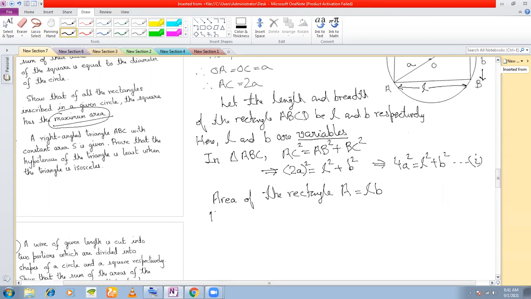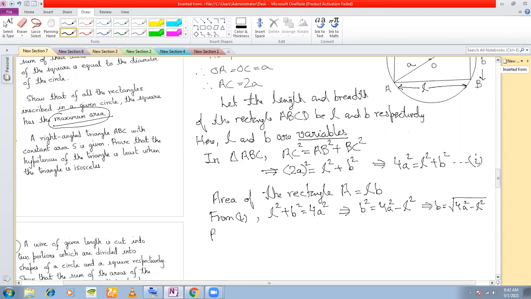So from 1, you have L square plus B square is equal to 4a square, right? That means you can find out the value of B from here. B square is equal to 4a square minus L square. That means B is equal to root over of 4a square minus L square.